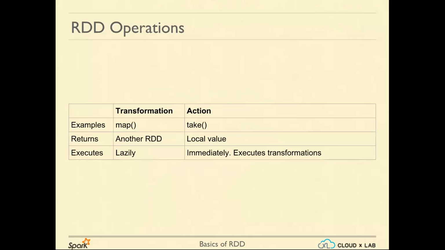But when we call take, collect, or save, then the whole process gets executed. The question is, why does it happen this way? Instead of evaluating immediately, in the case of a transformation, it is basically making notes of what you are intending to do, instead of immediately executing it.